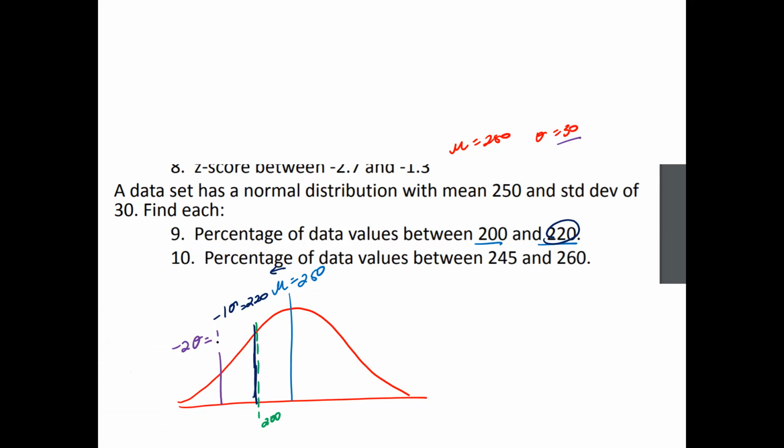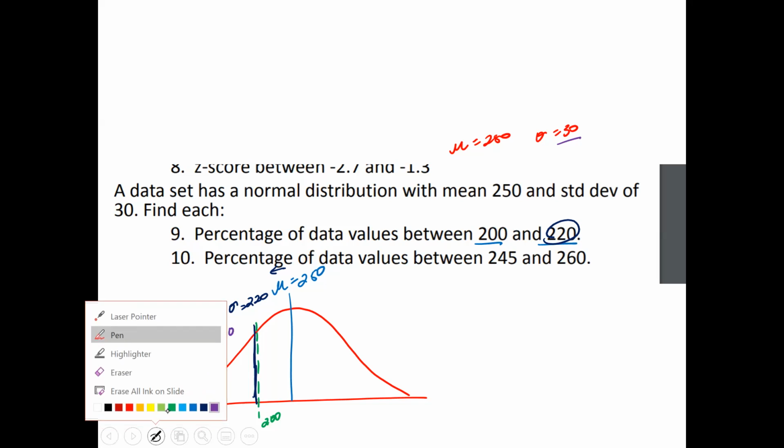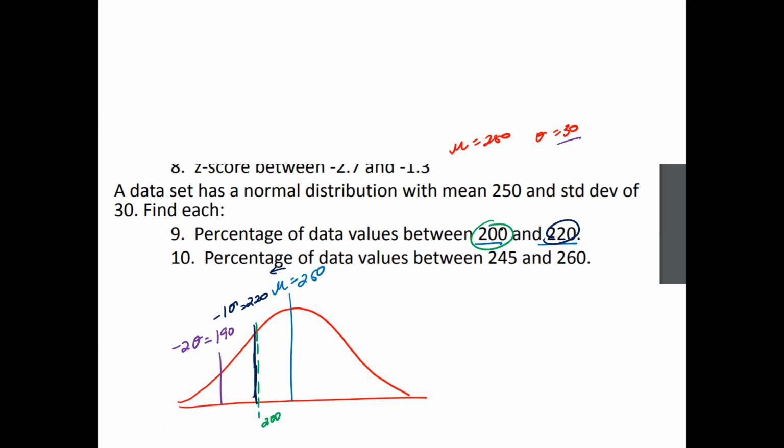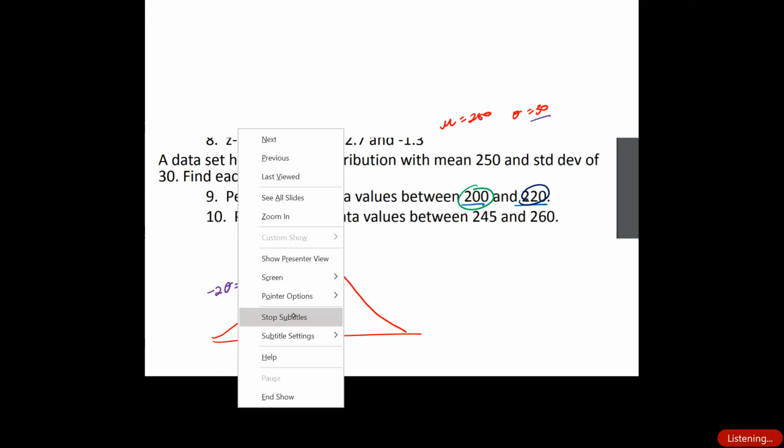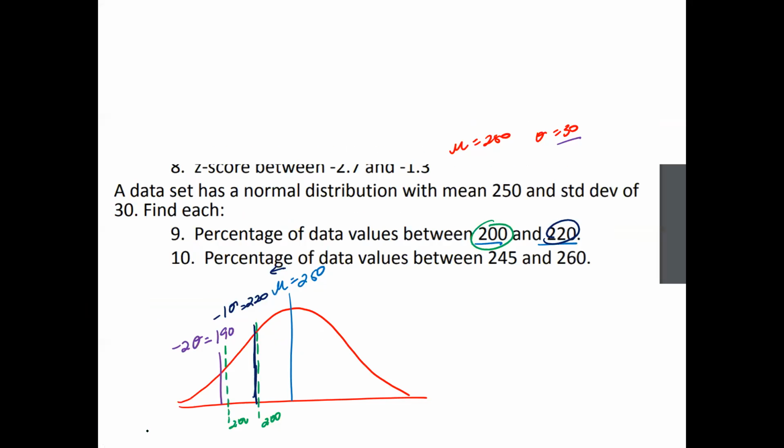So that's going to be 190. And so your second one is going to be 200. So that's just slightly over. Slightly over at 200. So the area that you're trying to find is in between these two green lines. So just this tiny itty bitty little piece.